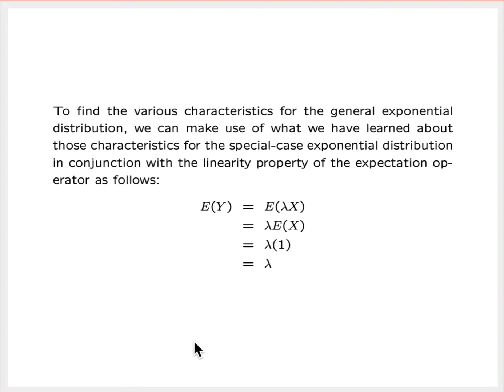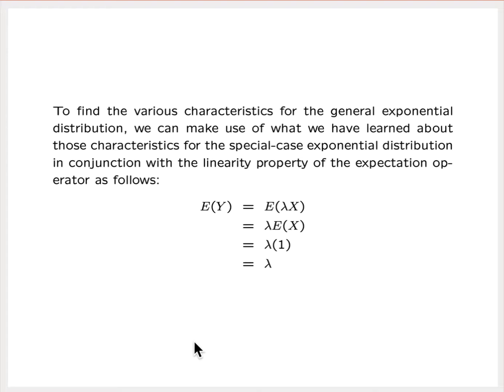Now, to find the various characteristics for this general exponential distribution, we can make use of what we have learned about those characteristics for the special case exponential distribution, in conjunction with the linearity property of the expectation operator. So in other words, we're not going to go back and use integration or find the moment generating function for the distribution of y.